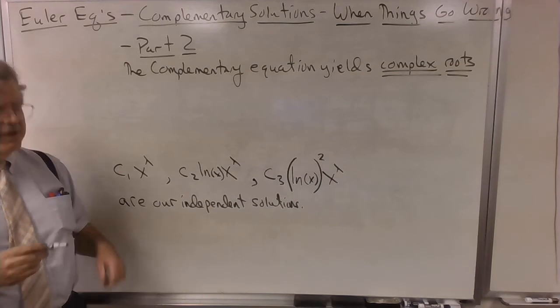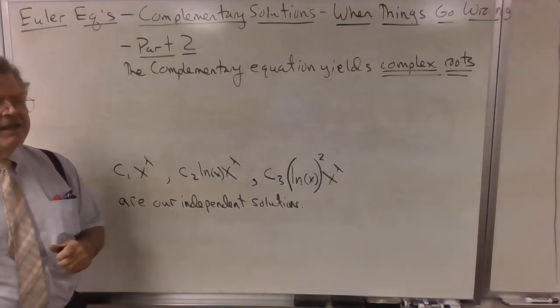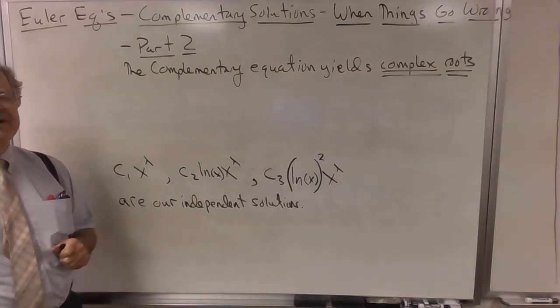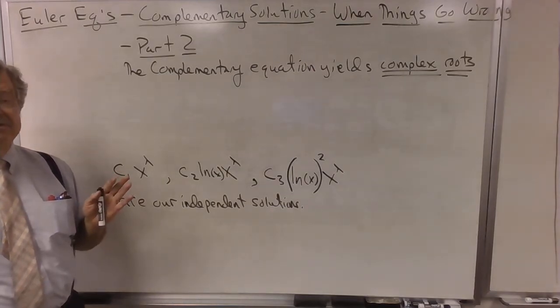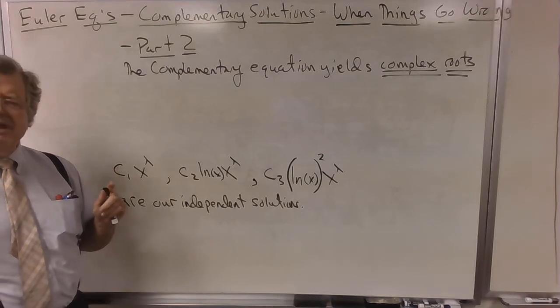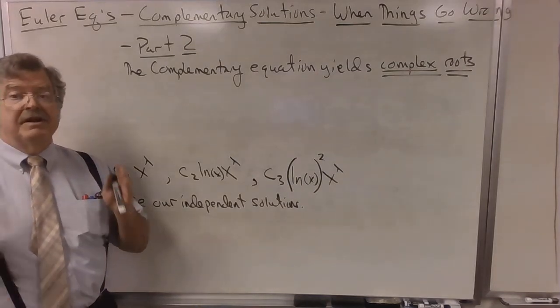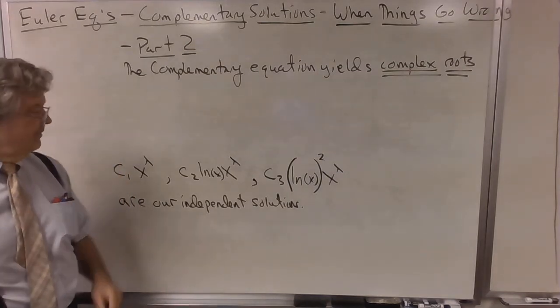And one thing that we noted was that if the complementary or auxiliary equation yielded complex roots, these complex roots would always appear in conjugate pairs.